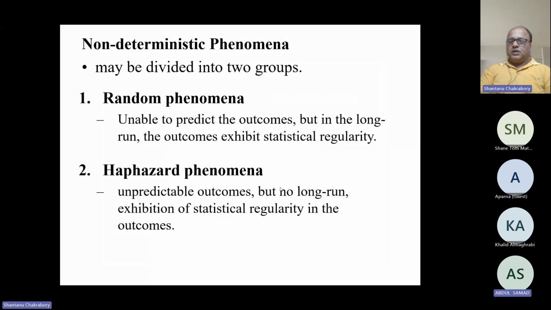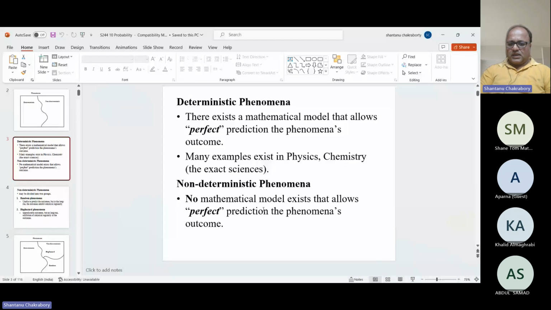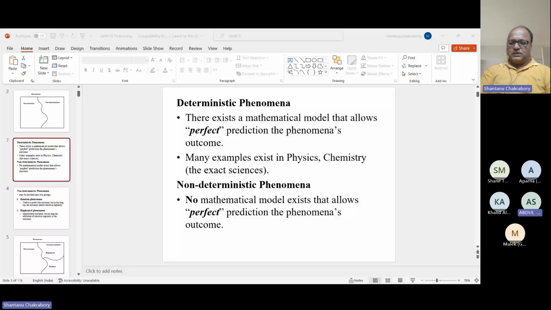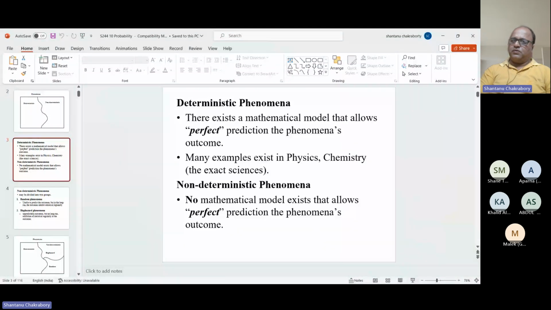In probability, I was explaining about the mathematical model that allows us to predict the phenomenon and the outcome. So we have a mathematical model that can help us predict the outcome, through a phenomenon. We have two different forms of phenomena.